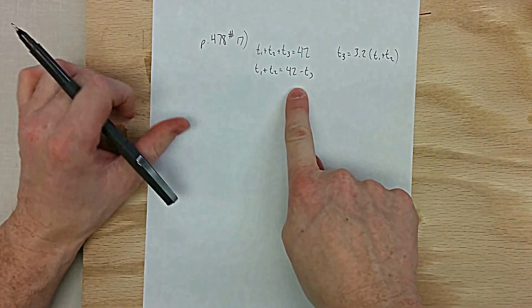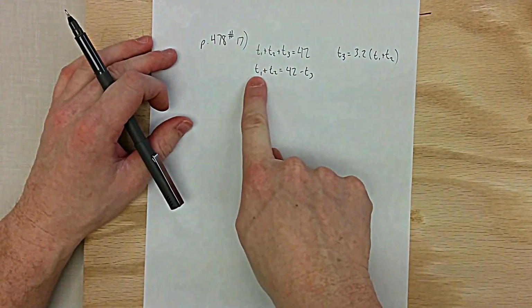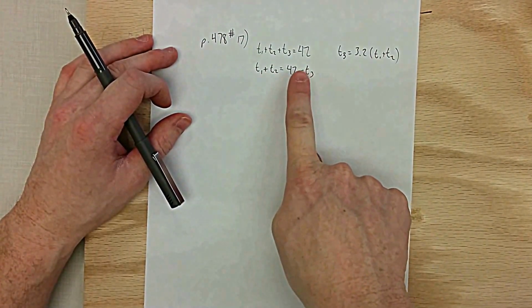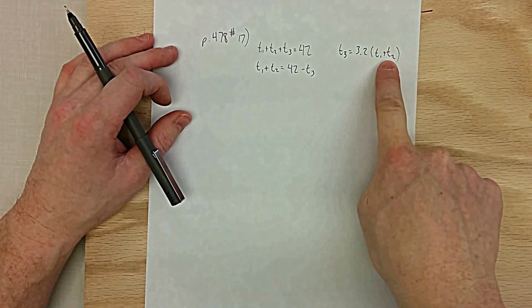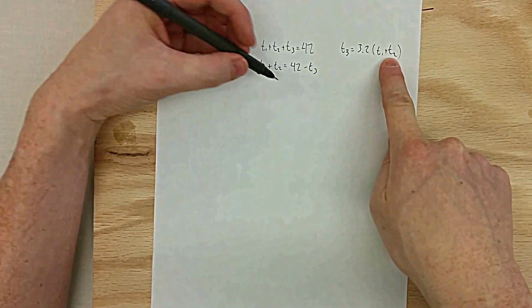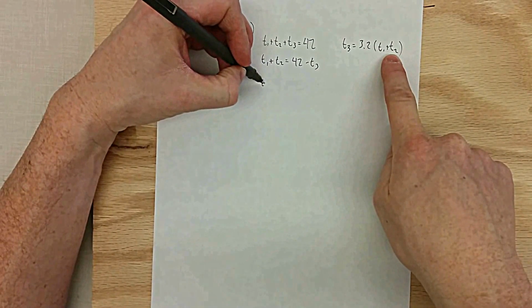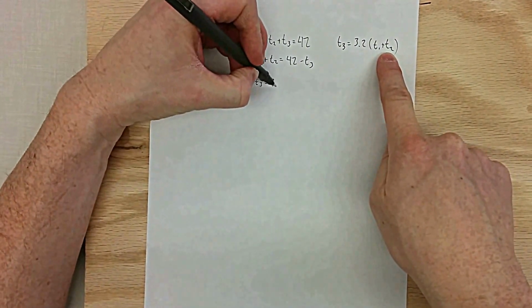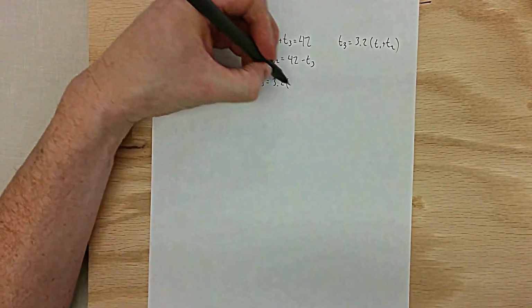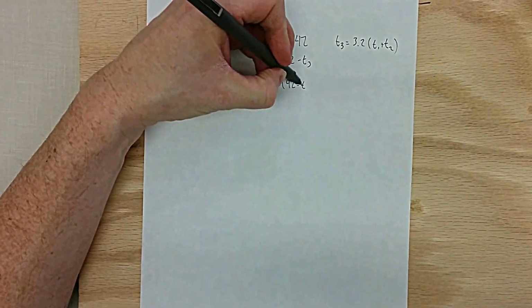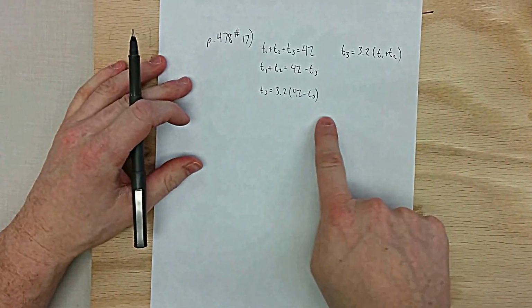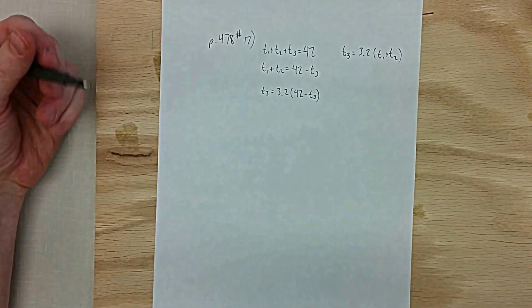That goes in here because that's t1 plus t2. So what I'll end up having is t3 equals 3.2 times 42 minus t3. And that's going to give me one equation with only t3 in it, which is nice.